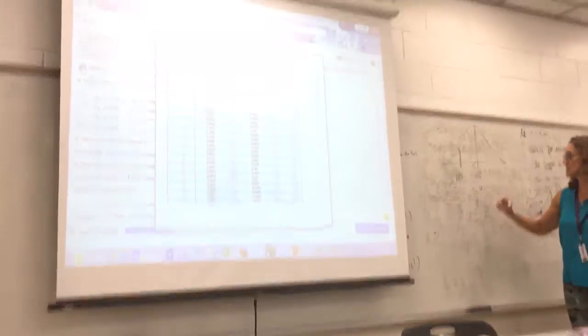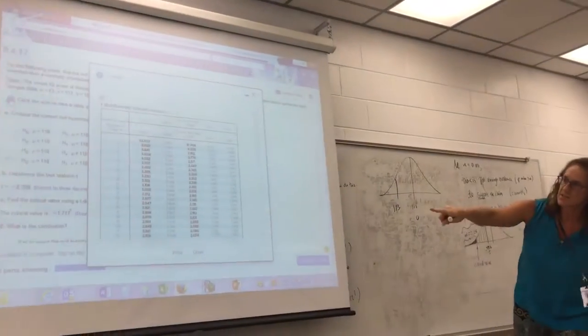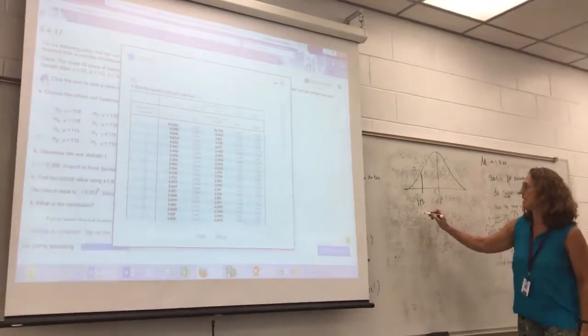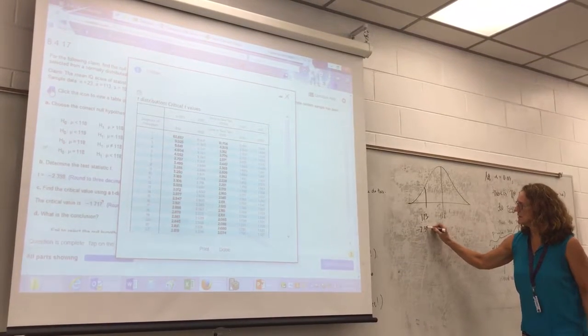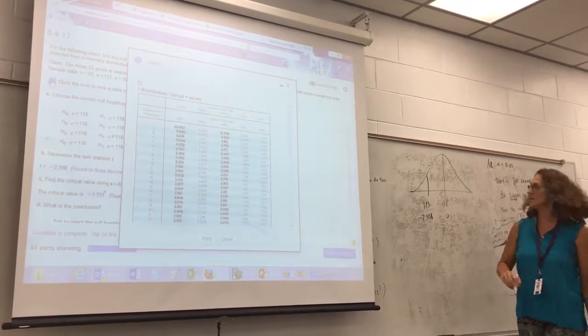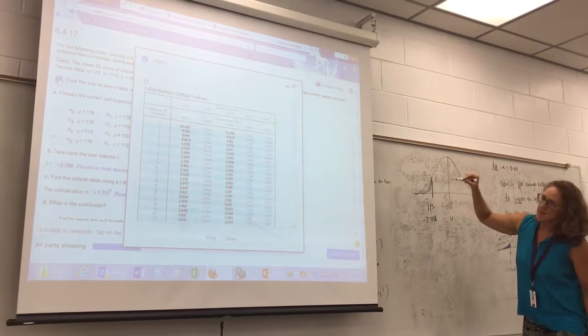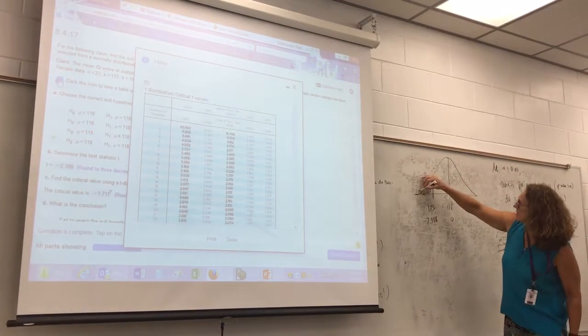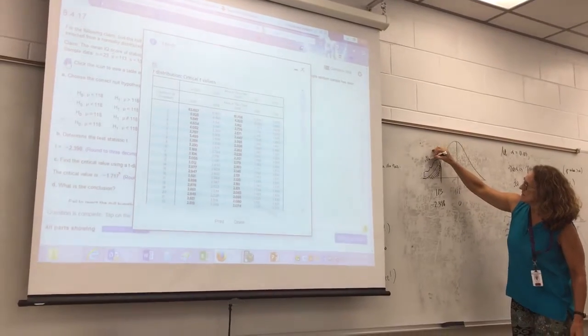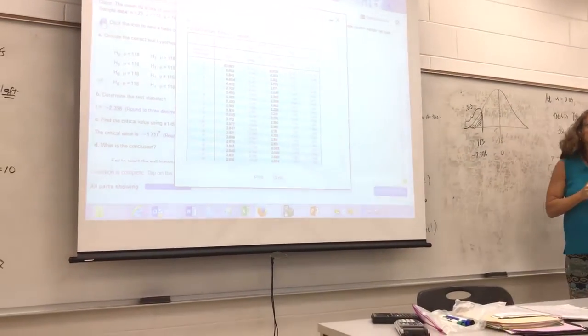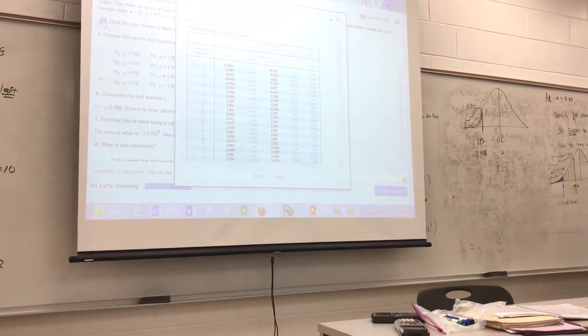In terms of z-scores, or t-scores, it's negative 2.398. Now, is that too far to the left? Well, the p-value is the area beyond that, which is 0.013. And how does that compare to alpha?